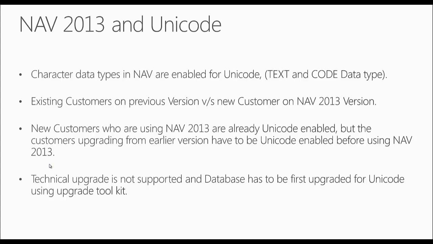But customers who are upgrading from an earlier version of NAV have to be first Unicode enabled and then use NAV 2013. This way, a technical upgrade is strictly not supported and not possible. The database has to be first upgraded for Unicode and then upgraded to NAV 2013, and the upgrade toolkit provides these features.